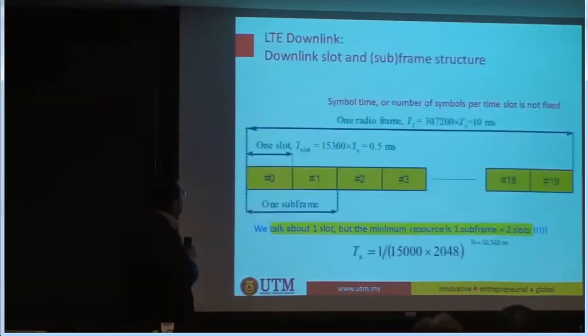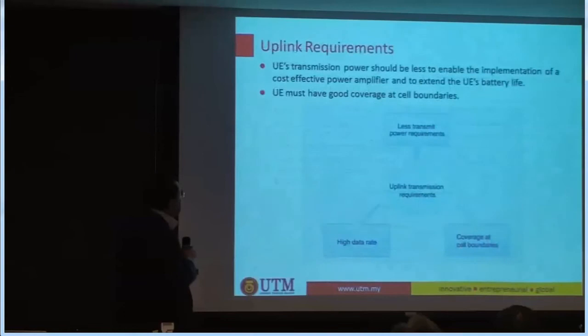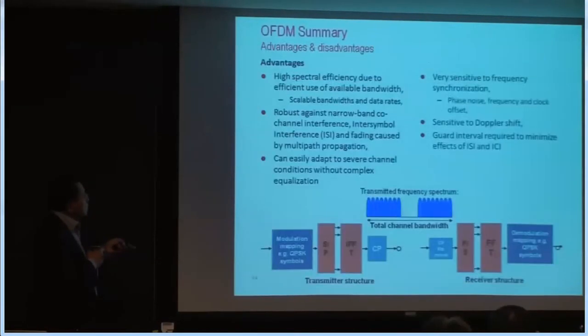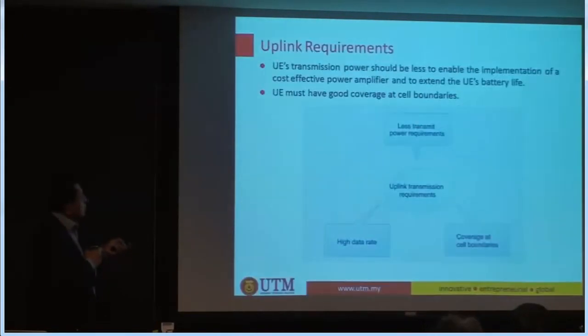Now we will see the uplink requirement. Yesterday we saw that for the uplink, UE transmission power should be low and the implementation cost effective. As you see with the power amplifier, if you have a PAPR, as we saw earlier, you will produce a peak that causes problems in the power efficiency of the power amplifier and also the battery life.